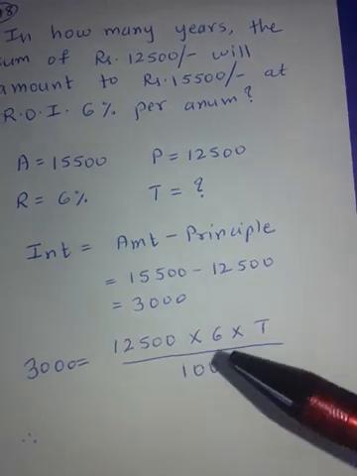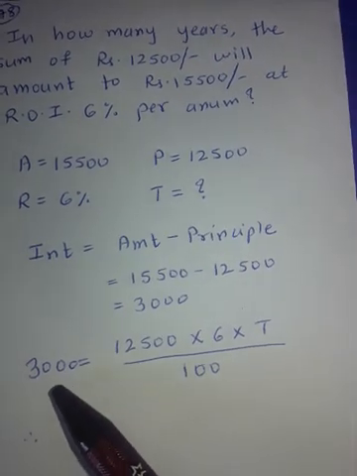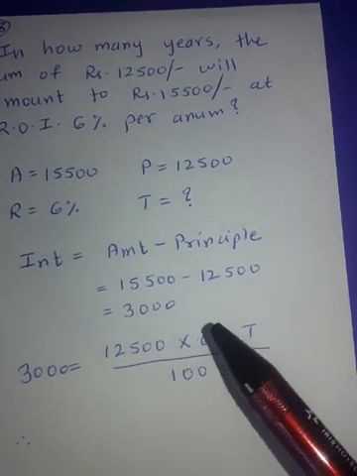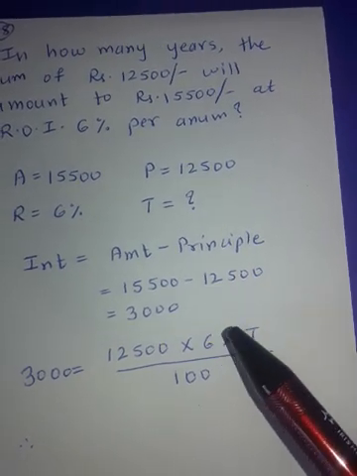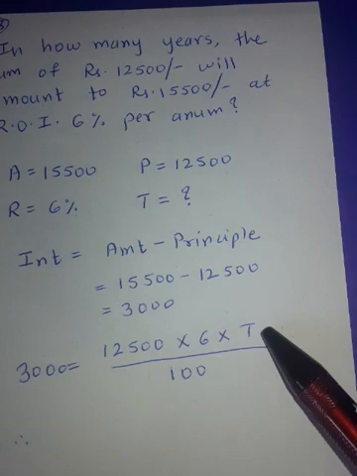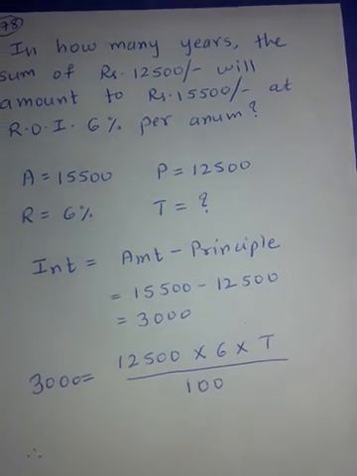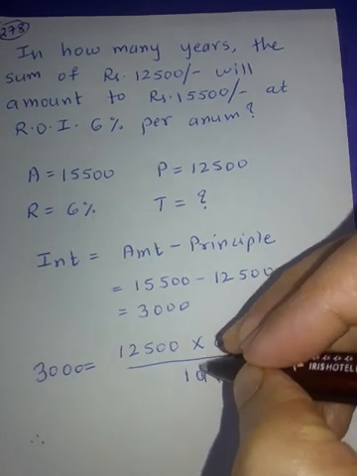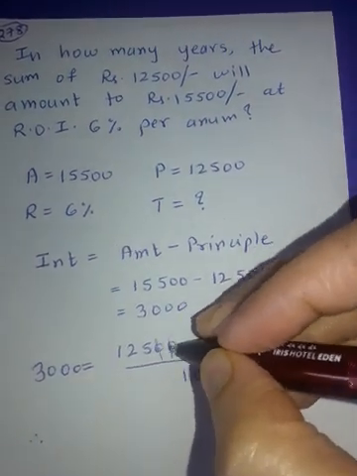Now we will substitute everything in the interest formula. Interest, that is 3,000, is equal to P into R into T, T is unknown, upon 100. Now we have to solve this for T. It's very easy. 2 zeros gone.